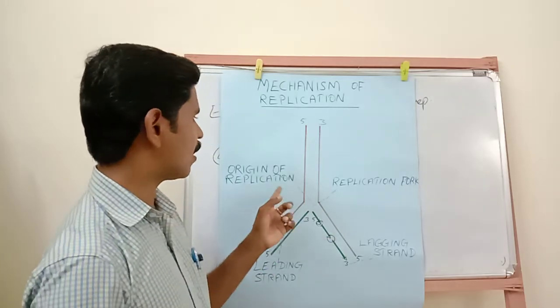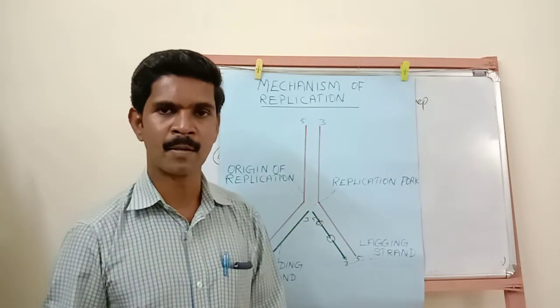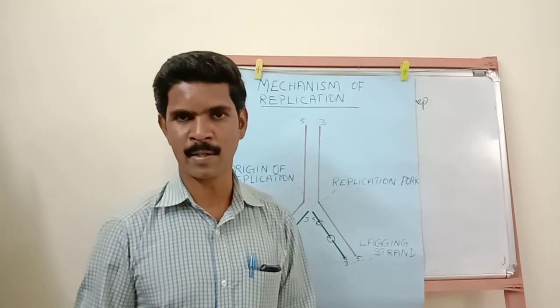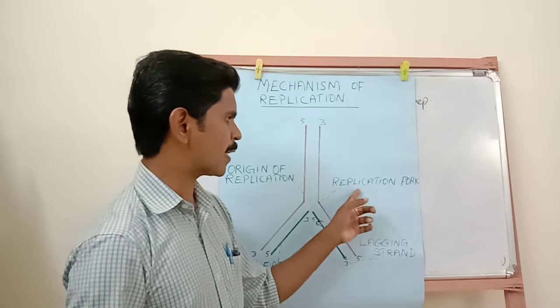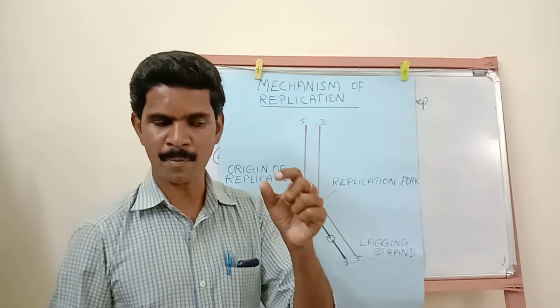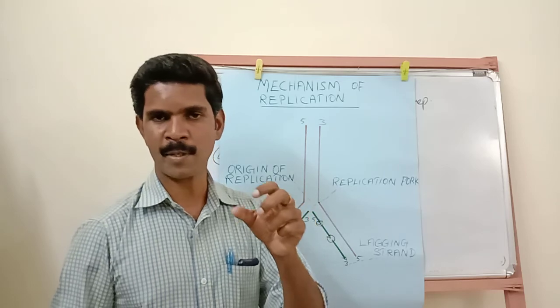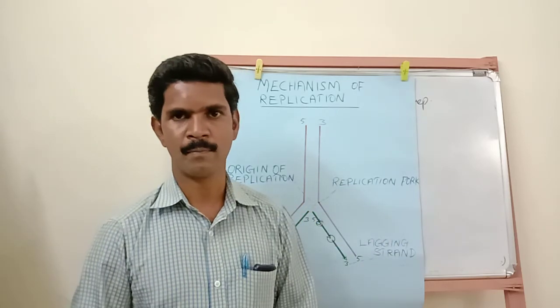Then origin of replication is a 2-mark question: the site or place where the replication process starts is called the origin of replication. Then replication fork means the replication process takes place from a small opening. This opening is called the replication fork.